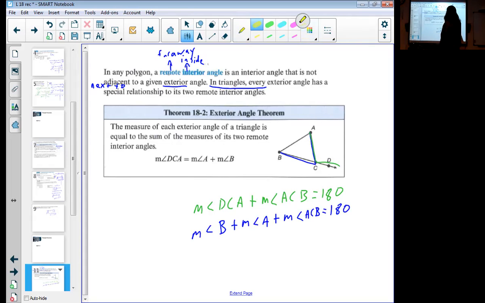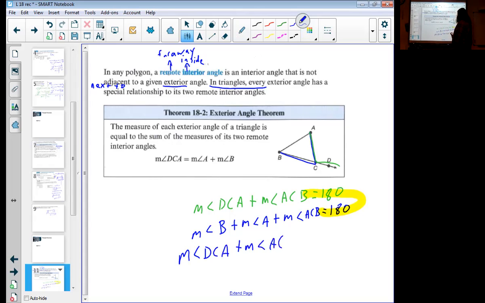Well, we can use the transitive property and say that the measure of angle DCA plus the measure of angle ACB is equal to the measure of angle B plus the measure of angle A plus the measure of angle ACB.